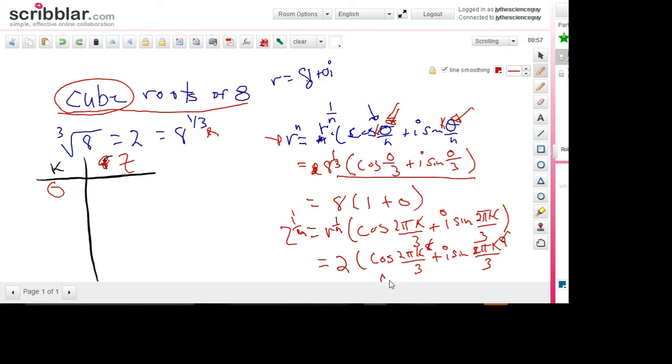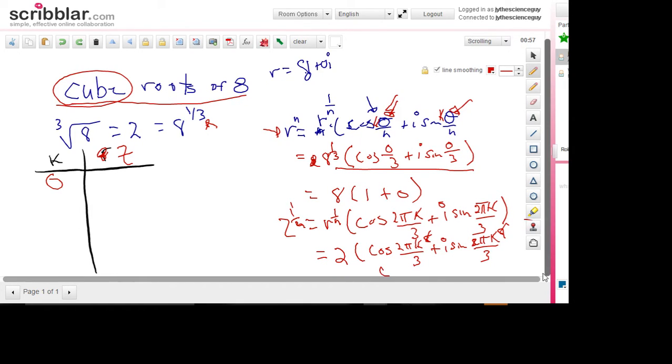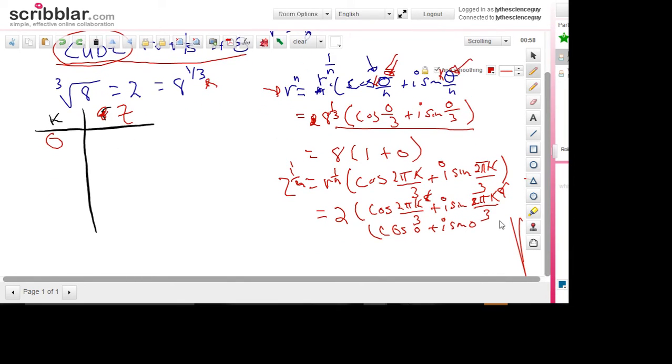Right? So you get the cosine of 0, and then you plus I sine of 0 times 2. So what's the cosine of 0?